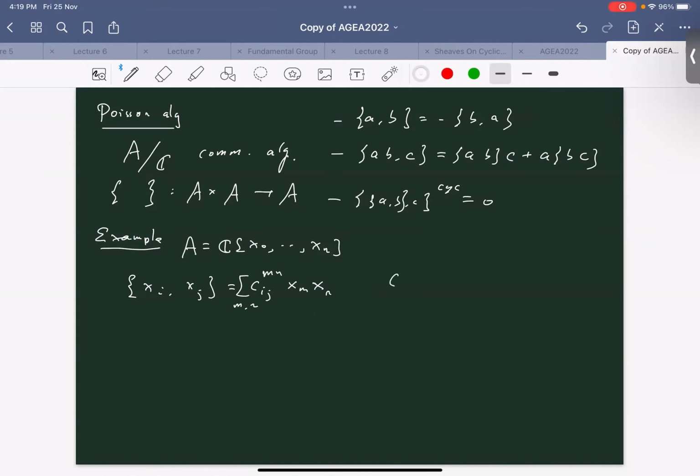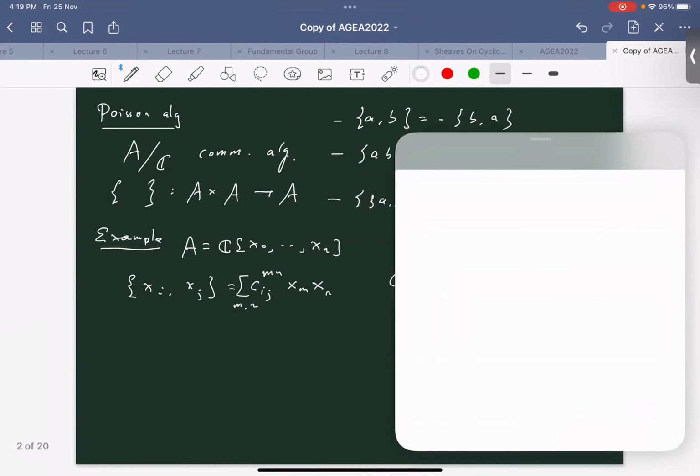There are two obvious conditions, one from the skew symmetry, the other coming from the commutativity. But the non-trivial condition really comes from the Jacobi identity.